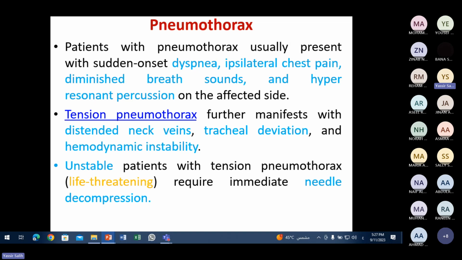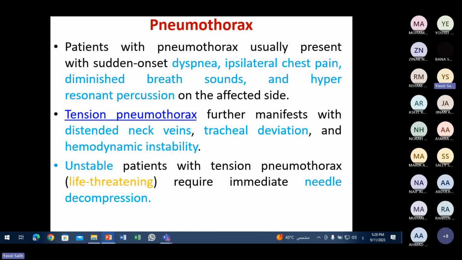What should be done for this patient immediately to relieve this distress? You have to insert a needle. Decompression, yes.